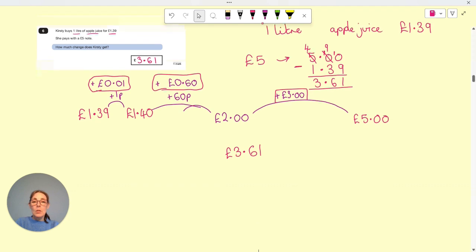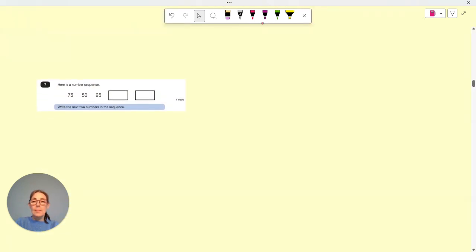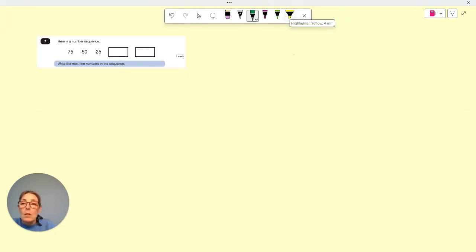Let's go to the next question. Here is a number sequence. Write the next two numbers in the sequence. So I've got 75, 50, 25, and then we've got 2 gaps. Seems to be going down.